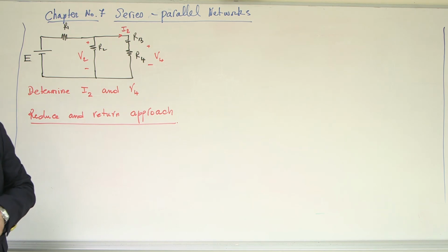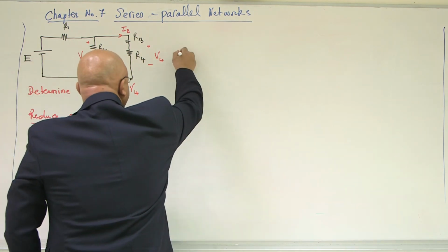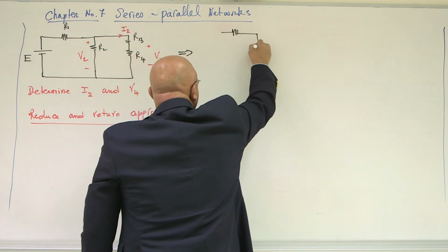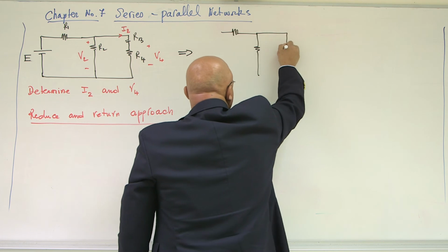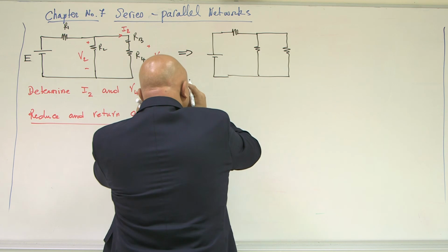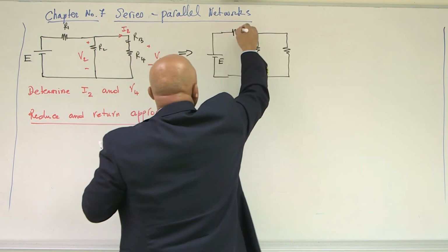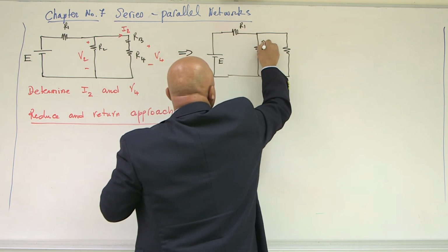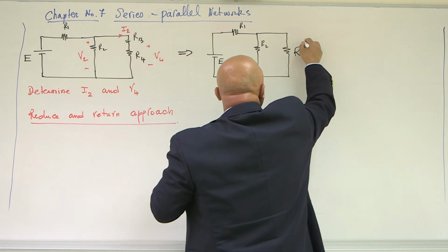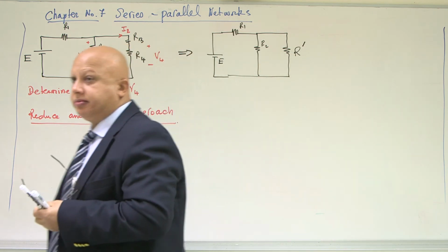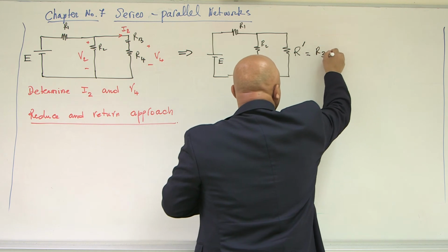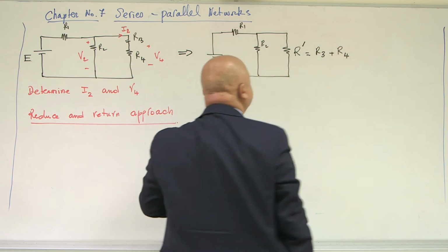So we can simplify this circuit to become R dash, where R dash is equal to R3 plus R4.